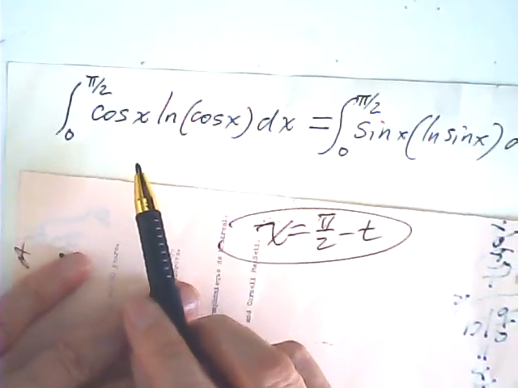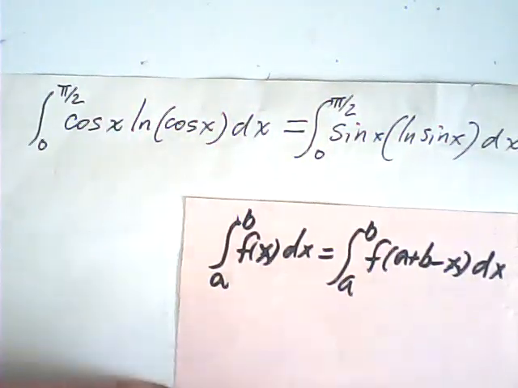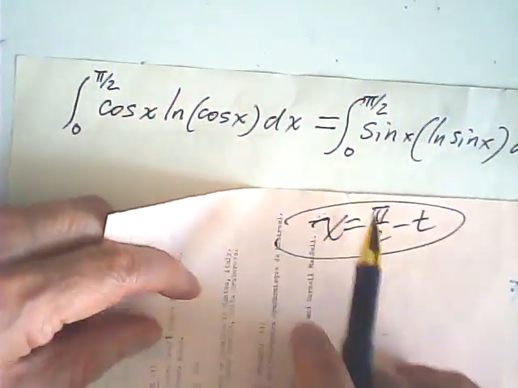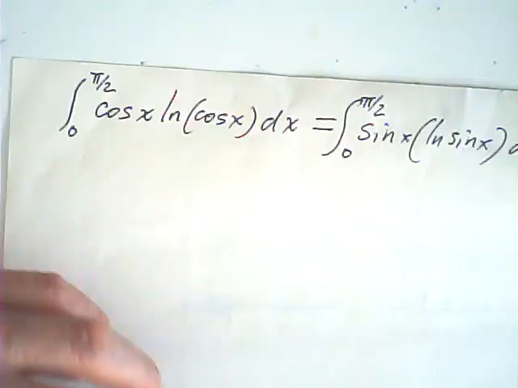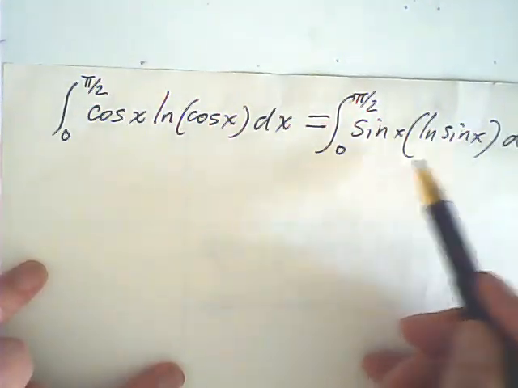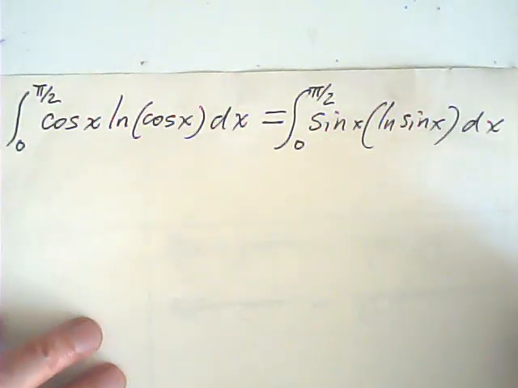You can change this integral to that by using substitution. Either way, use this formula or use substitution, and I can change this one to that. Because dealing with the sine is better than cosine.